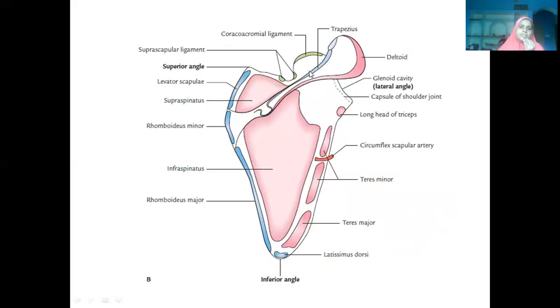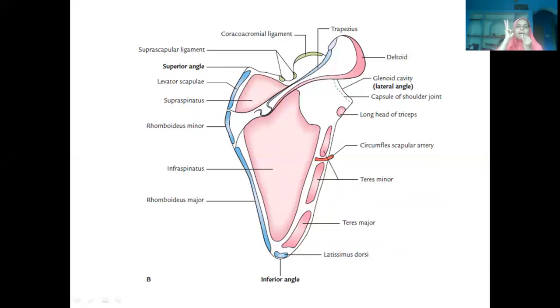We know this is the spine of the scapula. It has an upper lip and a lower lip. When we were talking about the clavicle, I told you that at the lateral one third of the clavicle we have seen two muscles: anteriorly deltoid, posteriorly trapezius.